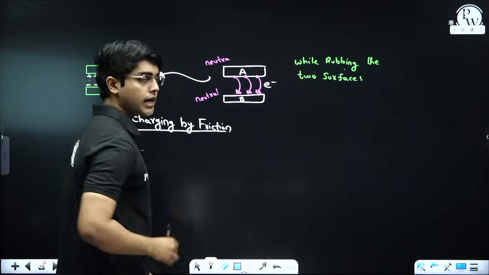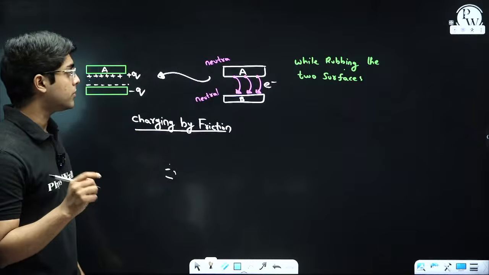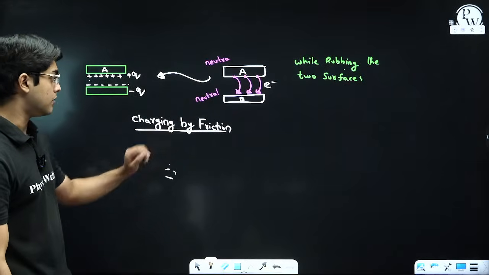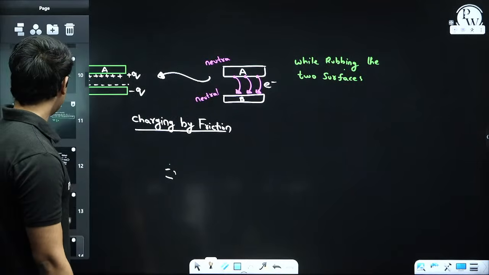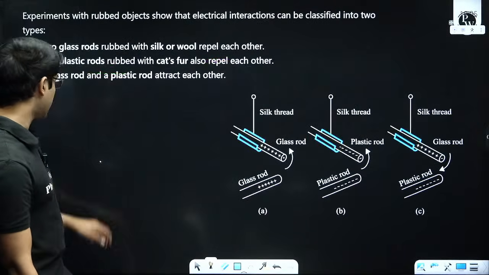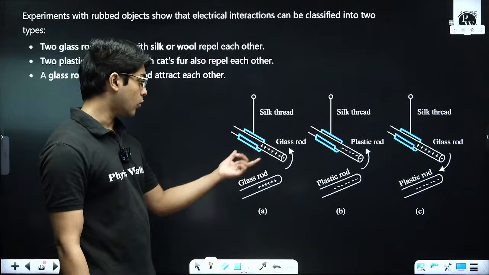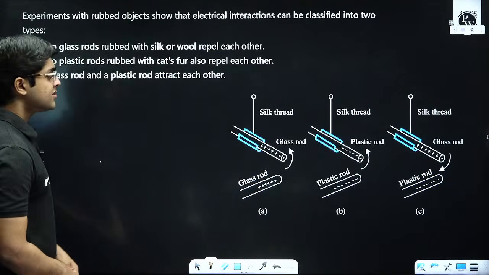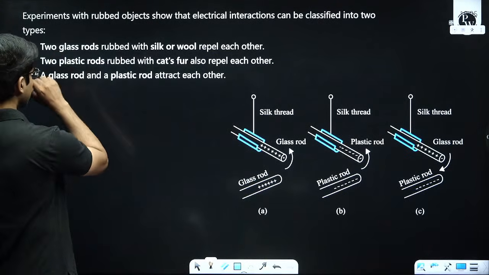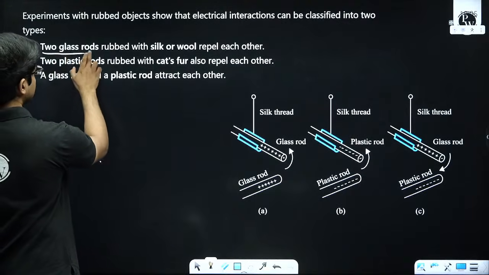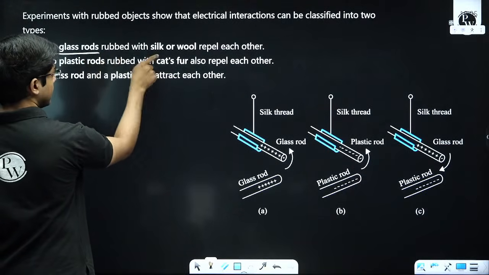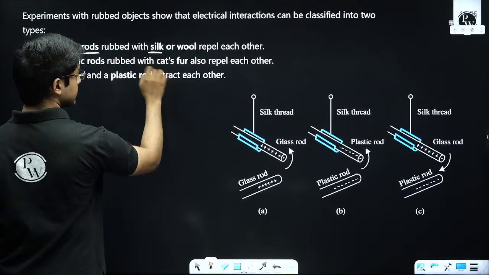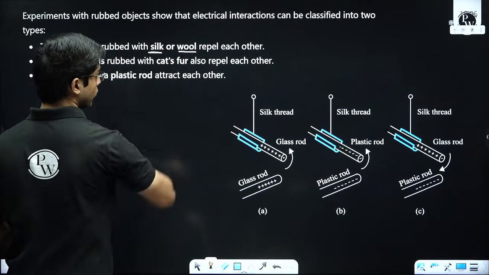So in NCERT, at the very start of the chapter, they have given this experiment of the silk cloth and glass rod. This experiment is basically simple. First we take two glass rods and we rub them with silk. You can also use wool cloth.